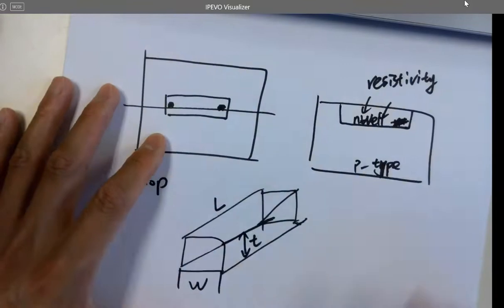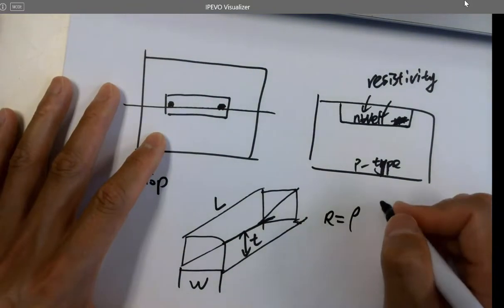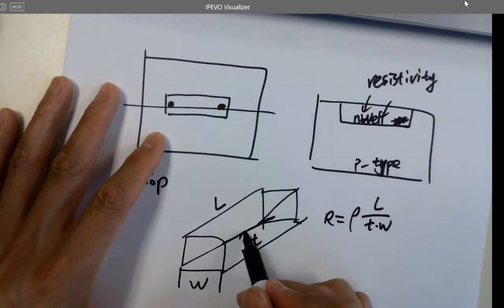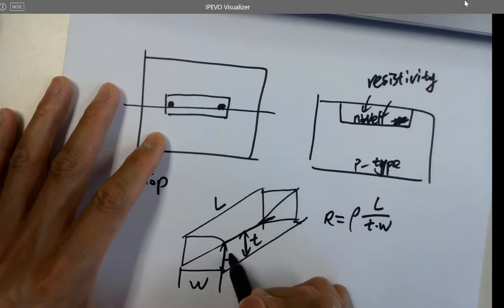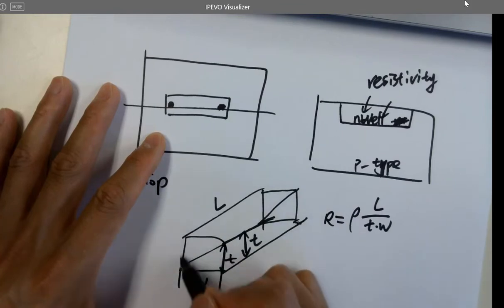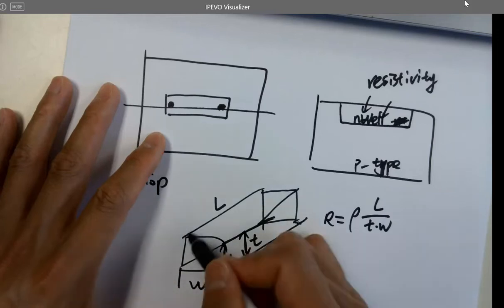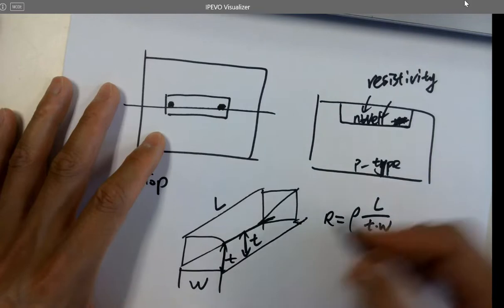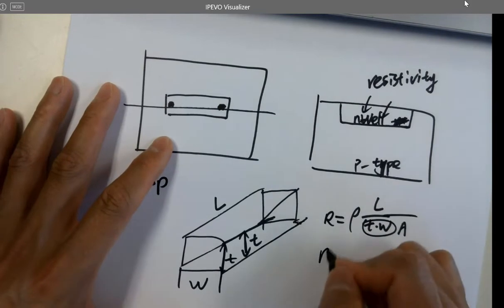The resistance is calculated as rho times L over thickness times width. The width is here, the thickness is here, so T times W is the cross-sectional area, A. Remember the resistance of a material?